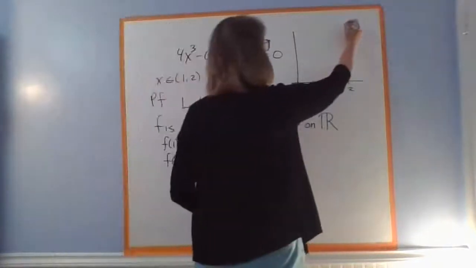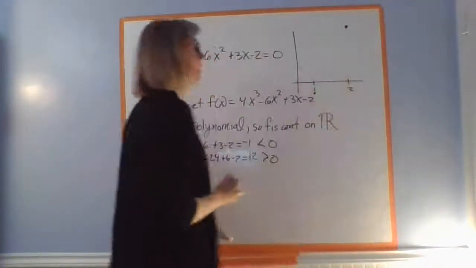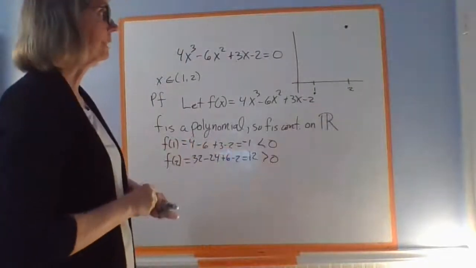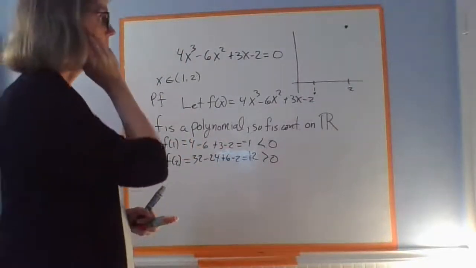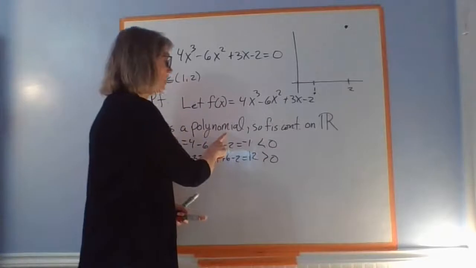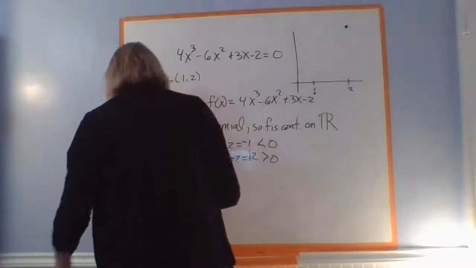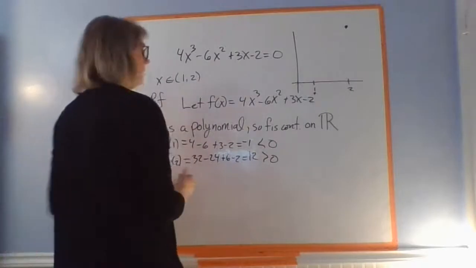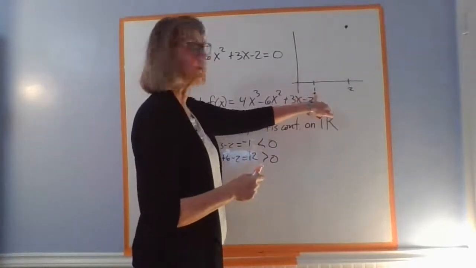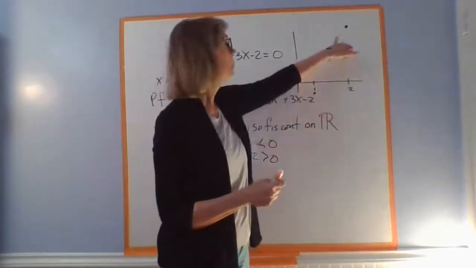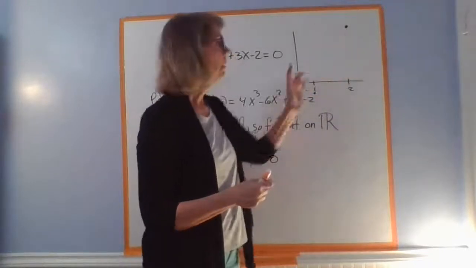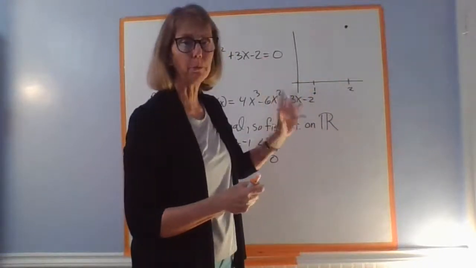So it's up here someplace. And I don't know what the graph looks like in between those two points, but I know that f is a polynomial, so it is continuous, which means I have to draw some kind of curve leading from this point here to this point up here, and I can't have a gap or a jump or anything.